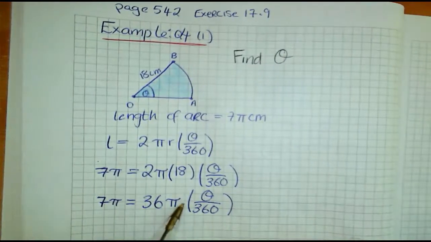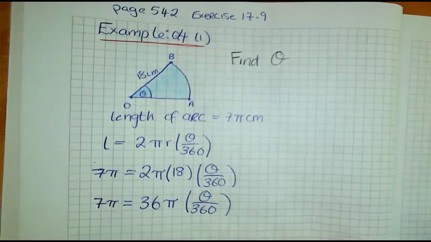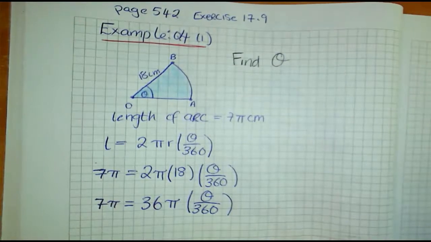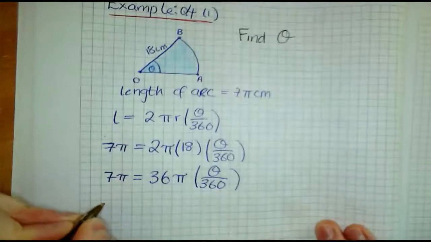There's no sign here, so I know this is multiplication. So I know 36 pi is multiplied by theta over 360. So I'm going to divide both sides by 36 pi.